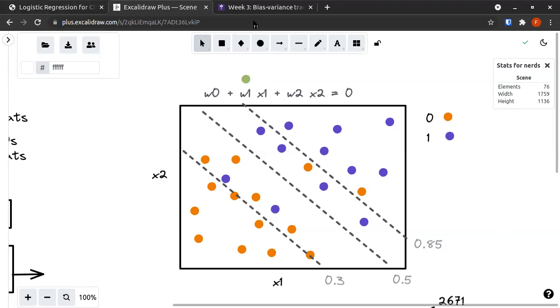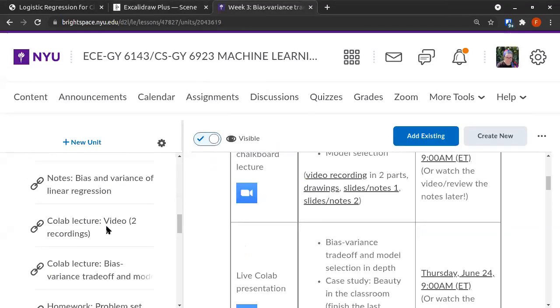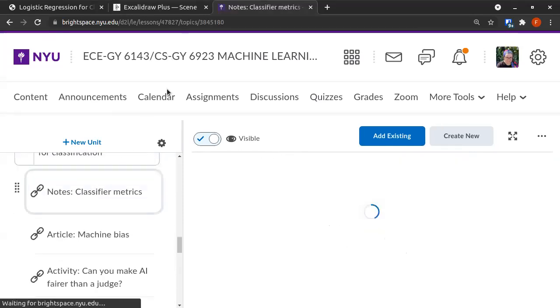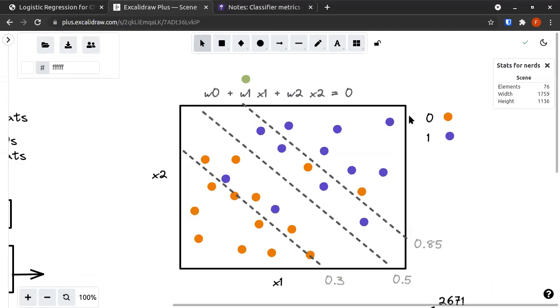And I posted some notes online that I wanted you to read to think about this a little more. But the general idea is that it depends on the cost of different types of errors. So imagine that this classifier is a screening test for some dangerous disease. A screening test is not diagnostic.